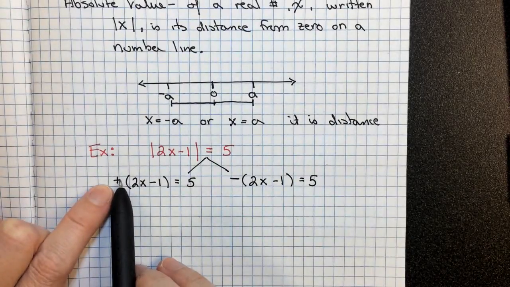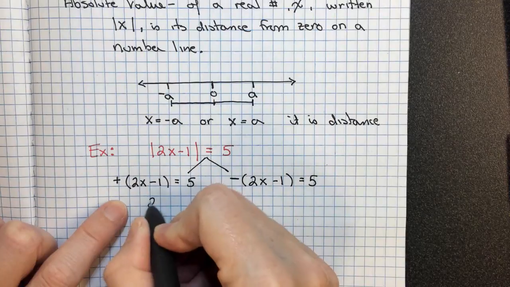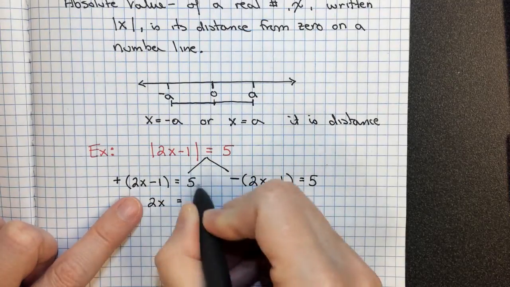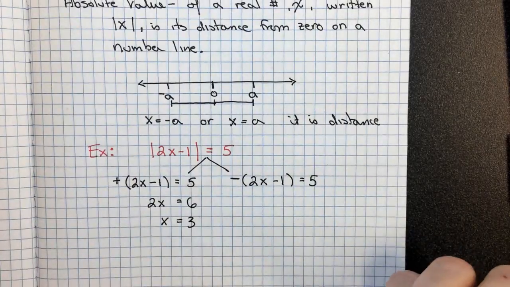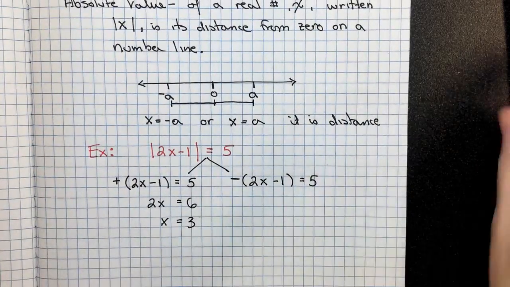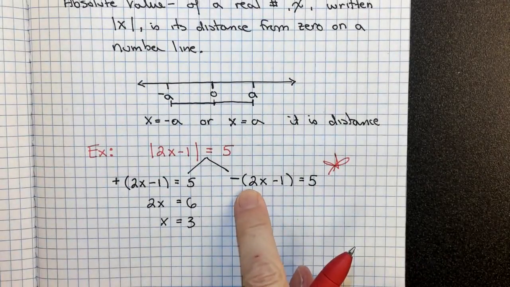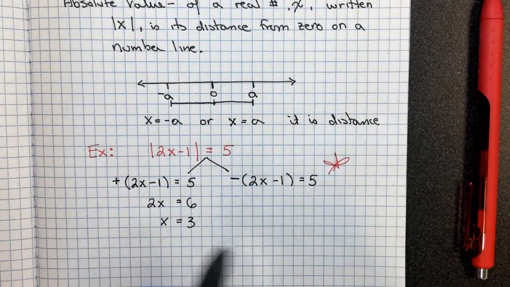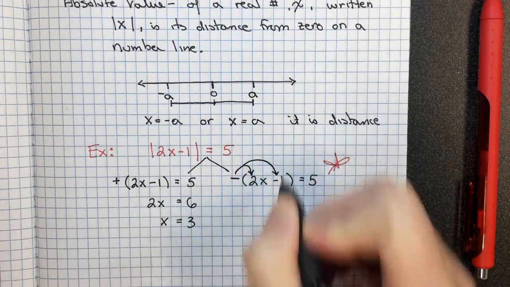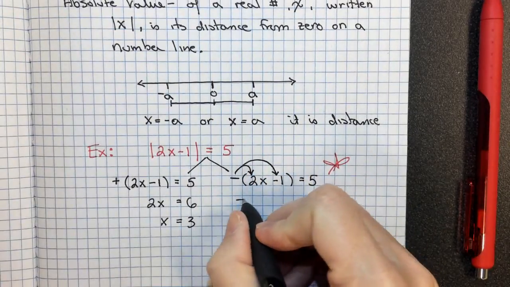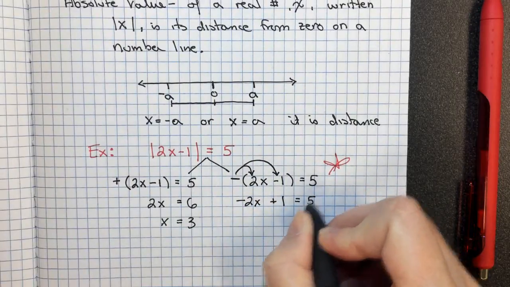Well, distributing a positive 3 won't change anything. So going back to my algebra, I'll have 2x equals 6, x equals a positive 3. But over here, and we're going to put a big star here, the reason I put it in parentheses right now is, remember, I have to distribute that negative to each term. So this becomes negative 2x plus 1 equals 5.